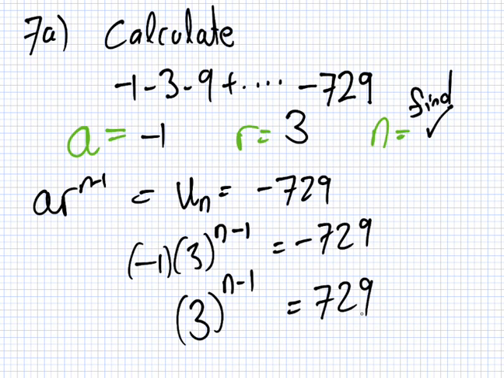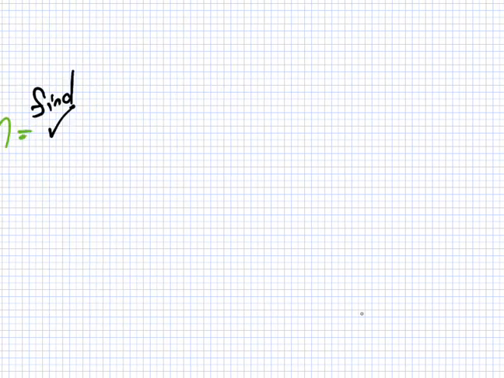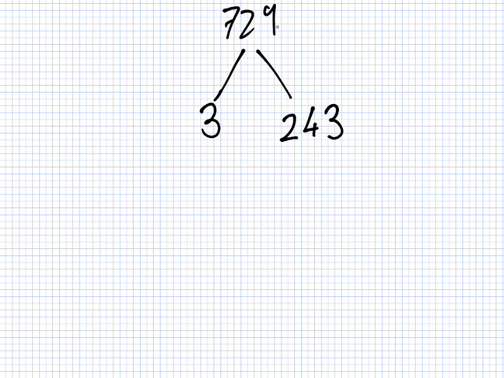Okay, I need to go to the side for a moment. So if you look at 729, have you seen this before with one of your maths teachers? You find the factors. So for example, this could be a 3 and a 243. They multiply to make 729. Do you see what I'm doing here?